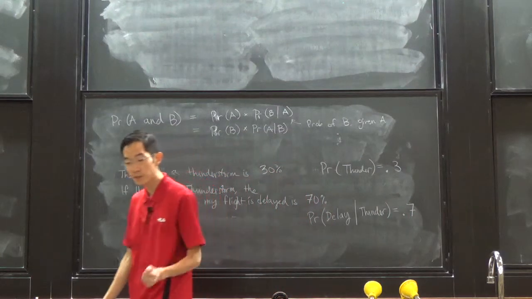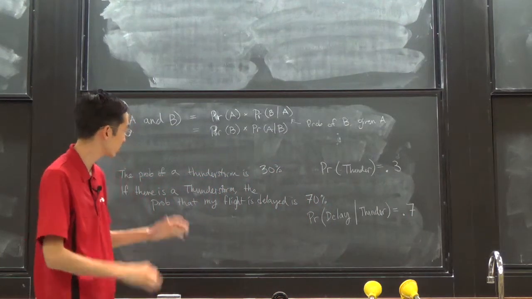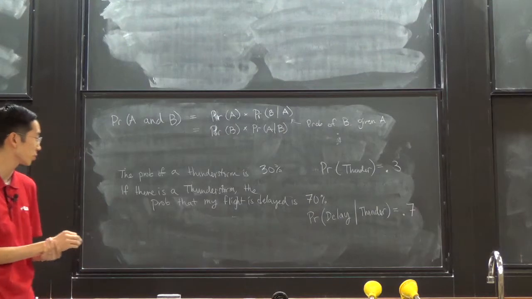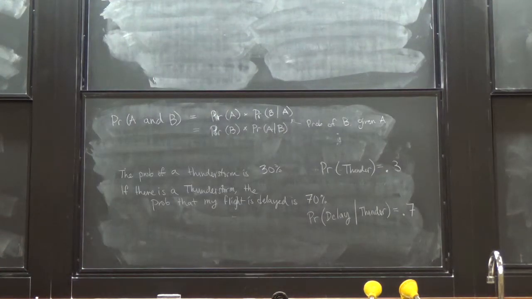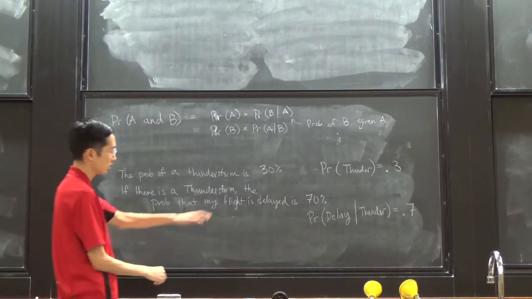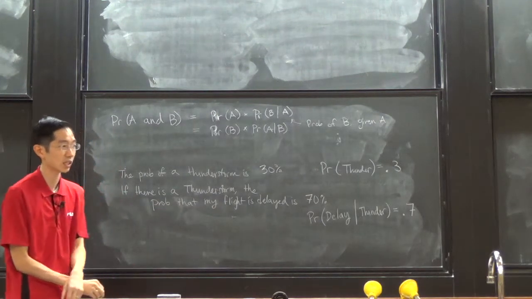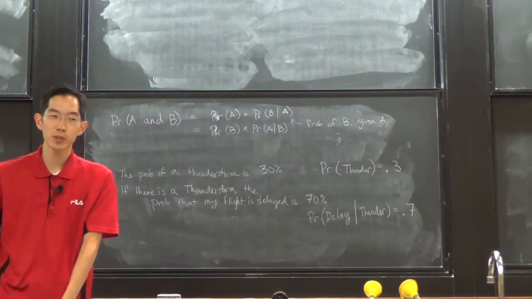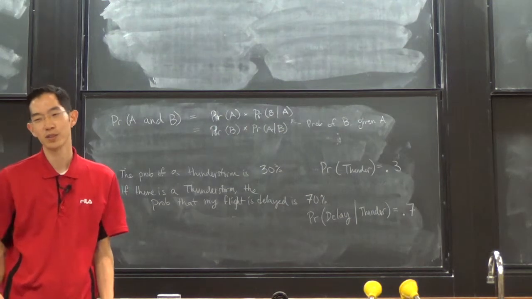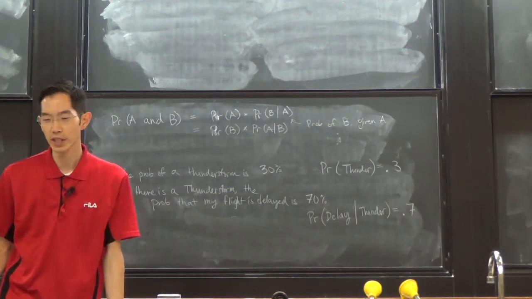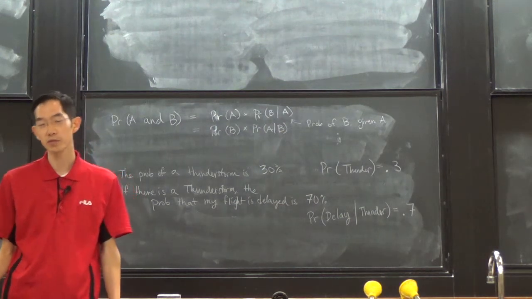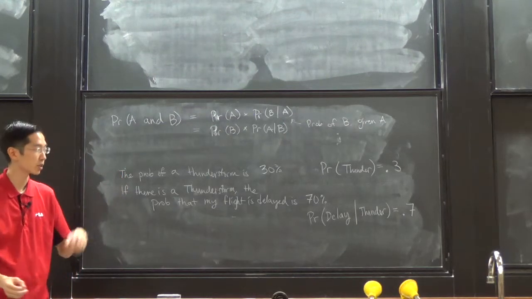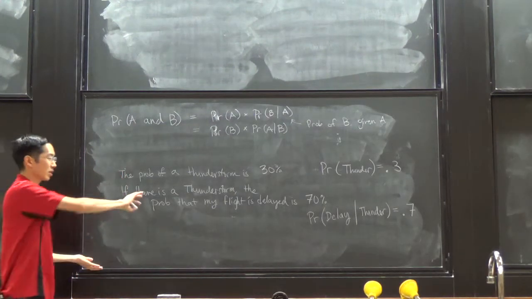It's saying, if there is thunder, or given the fact that there is a thunderstorm, then the probability that there's a delay is 0.7. If you were to write it the other way, saying probability of thunder given delay, that's saying, what's the probability of a thunderstorm if the flight happens to be delayed? It sounds a little odd, but it's a valid question, but it's written different.